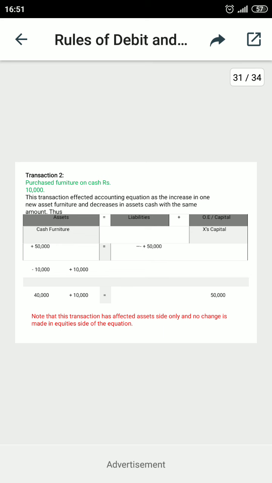Again the result is 50,000, but now look at the liability side. The equation is reacting only on the asset side, 10,000 decreasing and 10,000 increasing. So no liabilities or capital side will be affected. This equation, 40 plus 10 is 50, has to be forwarded to example number 3.